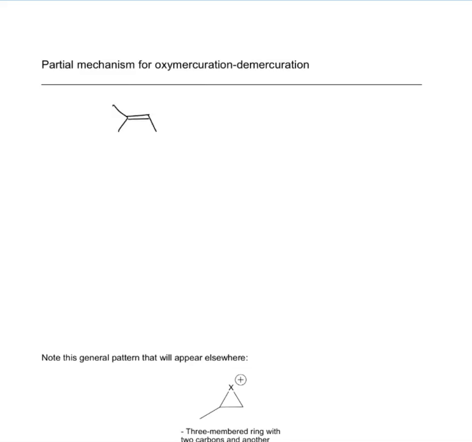So here's an alkene. In the first step, we're going to expose the alkene to mercuric acetate and water. And then in the second step, we're going to add in some sodium borohydride.